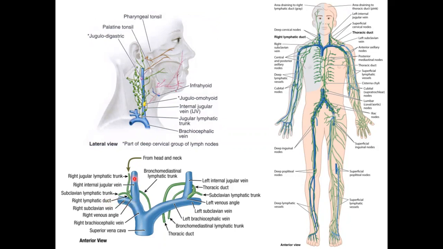So right subclavian, right IJV, creating your right brachiocephalic vein. And at that junction is your right lymphatic duct draining. Left IJV, left subclavian, creating the left brachiocephalic. And at that junction is where the thoracic duct drains into. So this is a really good picture between this one and this one about the drainage of lymph fluid in your body.